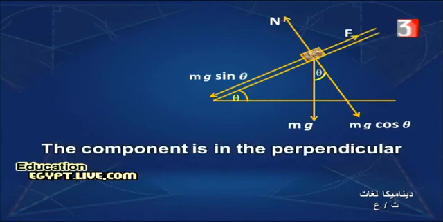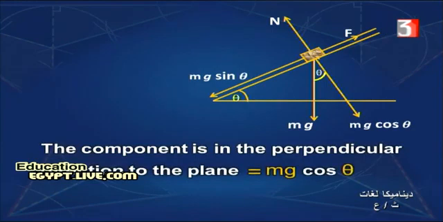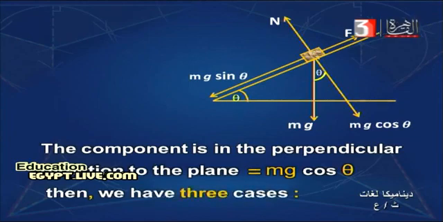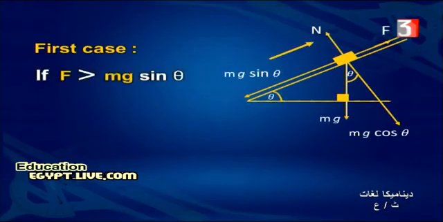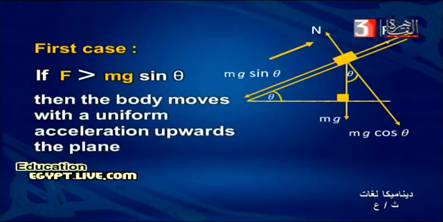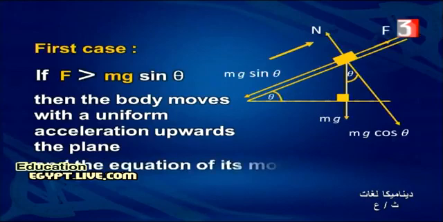If the force F acts for time t from the beginning of the motion, then the body moves upward along the plane in the same previous direction, but with a retarded acceleration a dash, where a dash equals negative g sine theta, because F equals 0, and we can cancel the mass of the body from the two sides. Then a dash equals negative g sine theta.